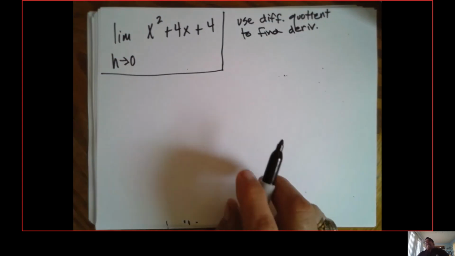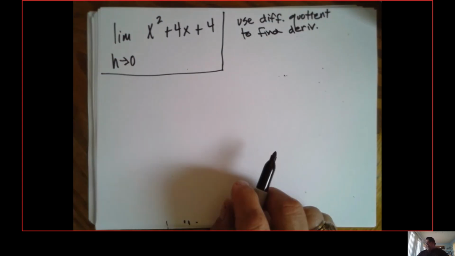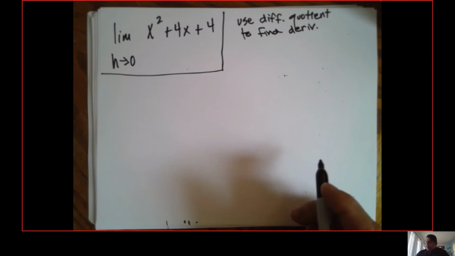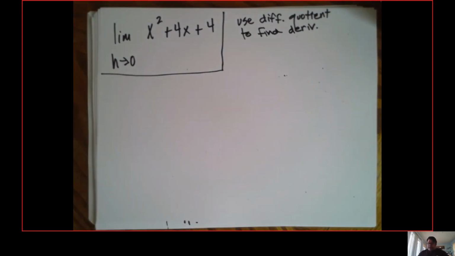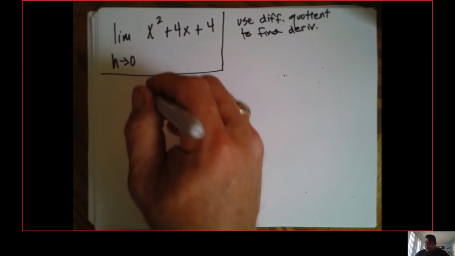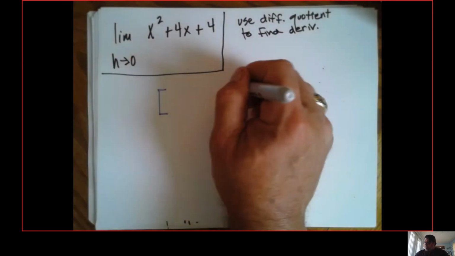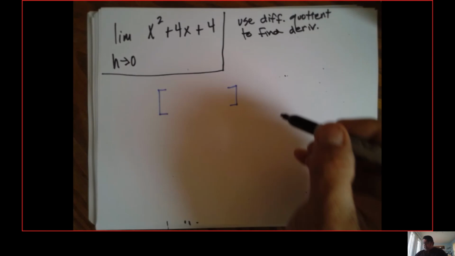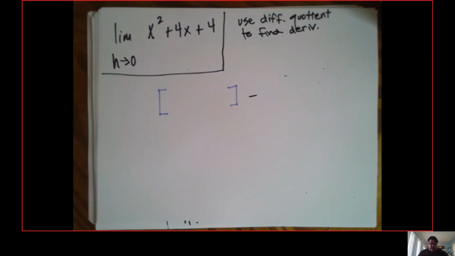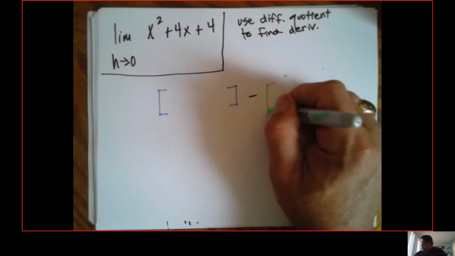It'll say something to that effect. So that means I'm going to plug in, I'm going to take my blue marker because I always use the blue brackets. Minus, what other color brackets I use? Maybe green, I don't know what I used. But I always use different color brackets when I do this.